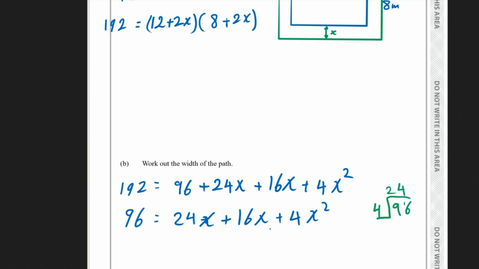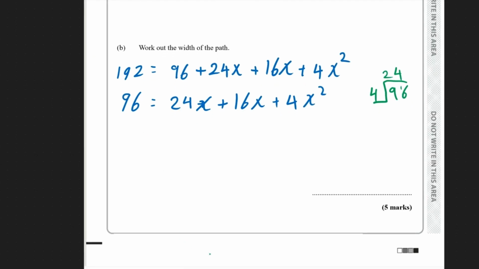That means all terms can be divided by 4, both sides. So 96 divided by 4 is 24, 24x divided by 4 is 6x, 16x divided by 4 is 4x, and 4x squared divided by 4 would be x squared.